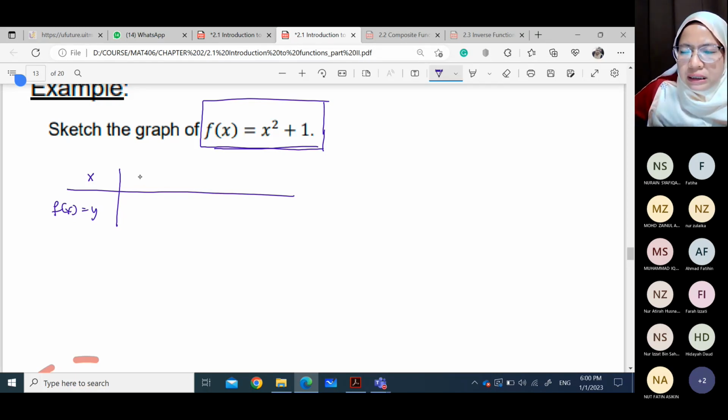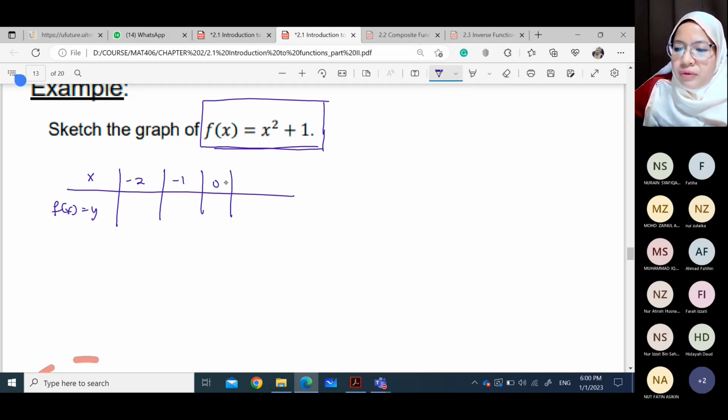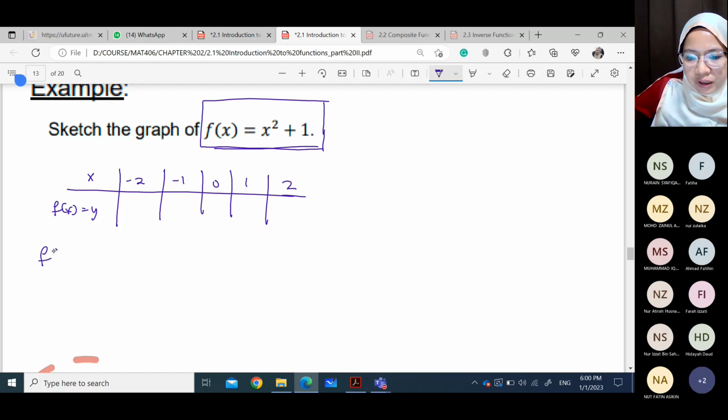Okay, so untuk ini kita ambil start dengan negative 2. So after negative 2 is negative 1, 0. In the right hand side, we have 1, 2. Okay, so untuk range, kita masukkan domain negative 2.